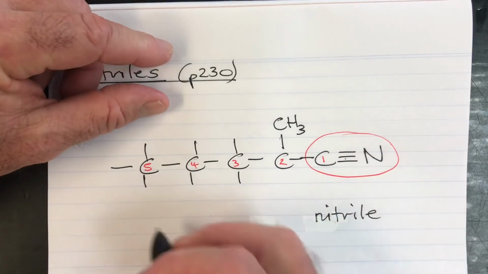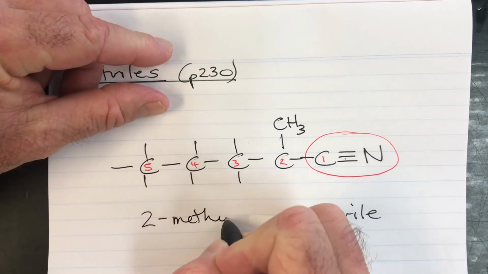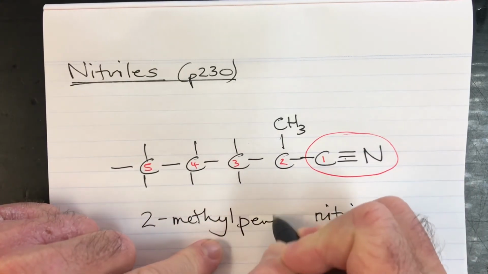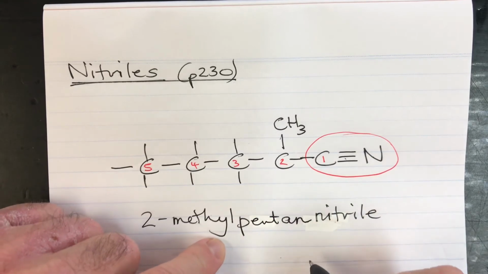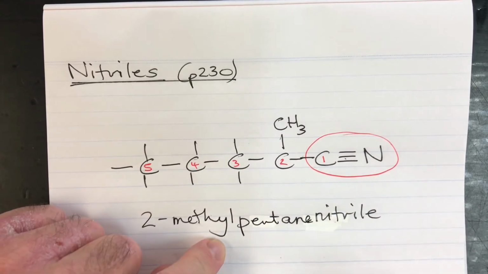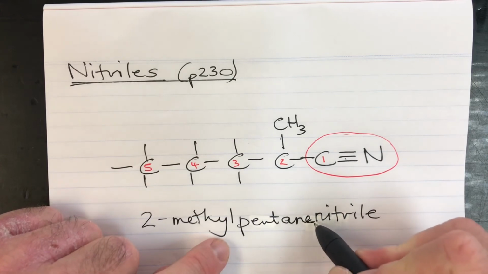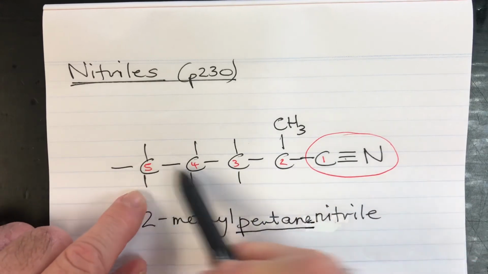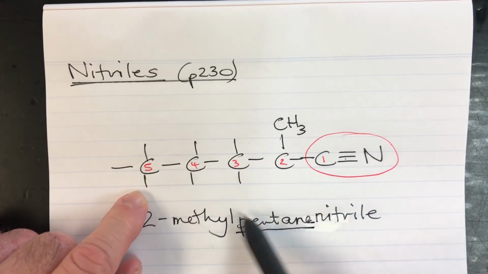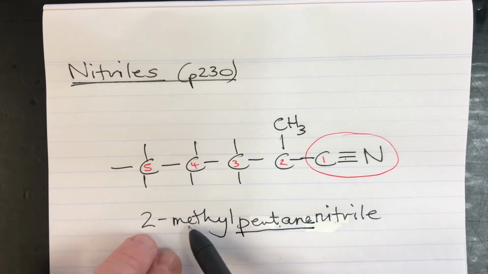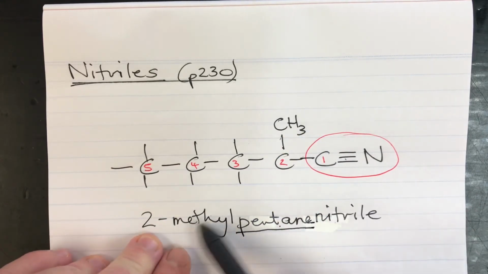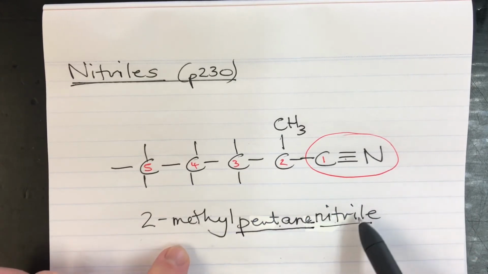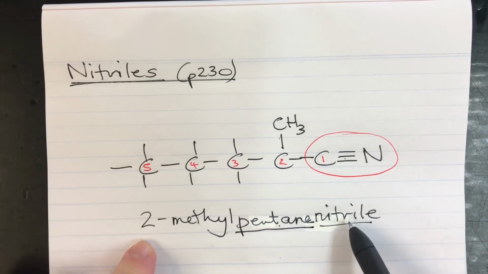So this will be 2-methylpentane nitrile. You retain the E in pentane, so you write down the full parent chain, main chain hydrocarbon, pentane. You indicate the alkyl group that's attached to the numbered carbon, and finish with nitrile: 2-methylpentane nitrile.